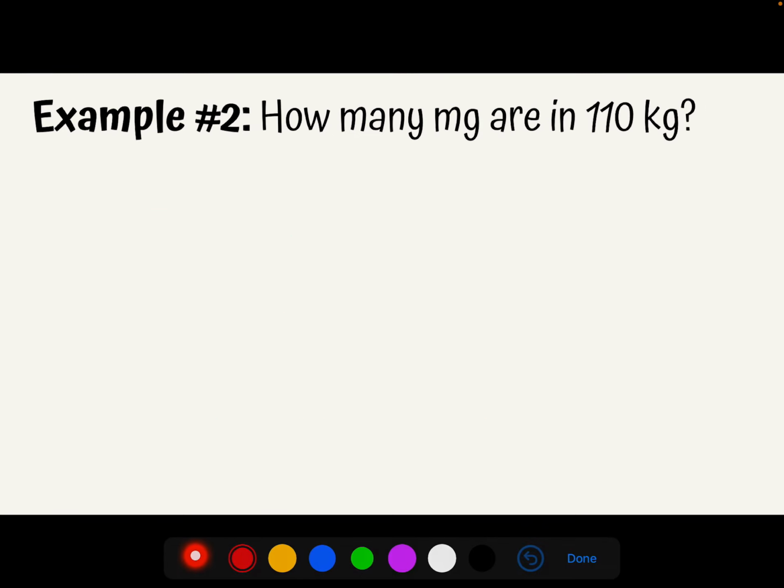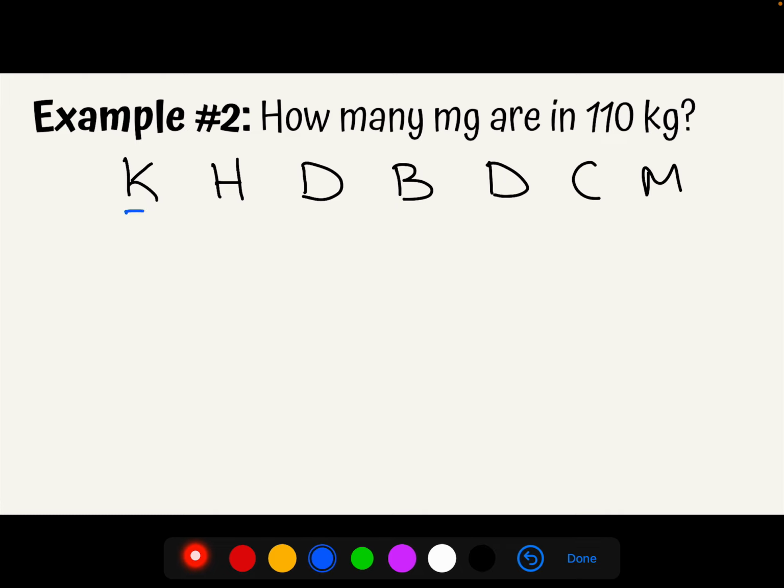So in this example, it's asking how many milligrams are in 110 kilograms. So again, I'm going to write out the mnemonic. King Henry died by drinking chocolate milk. So this time, again, I'm starting at the kilograms, but it's asking me to go to milligrams.